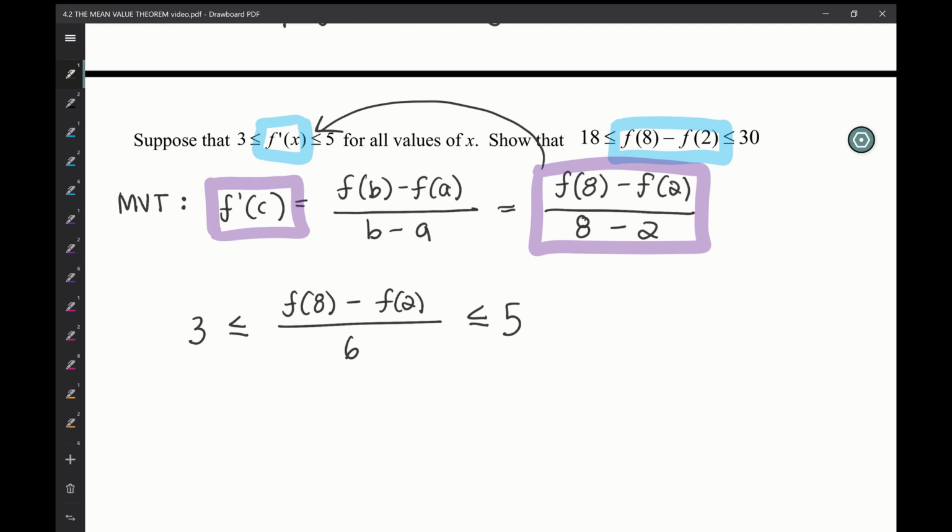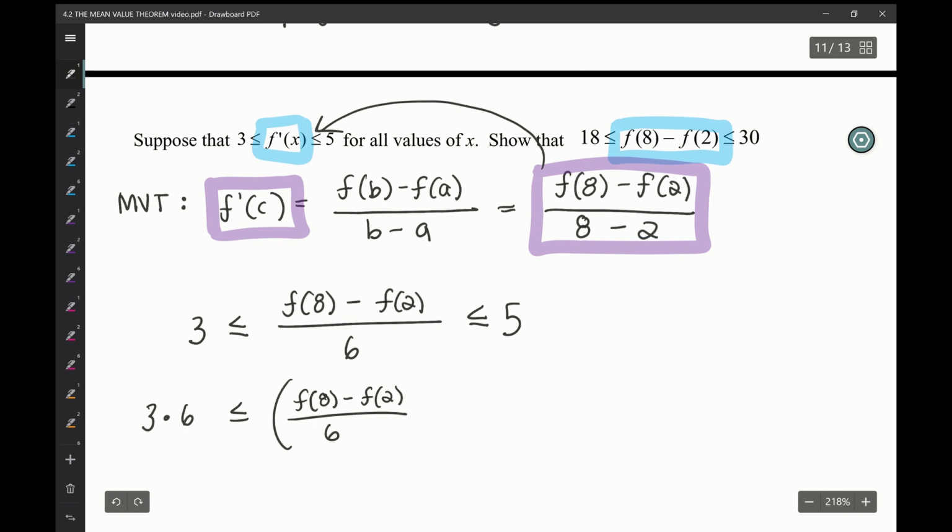Now let's solve for that f of 8 minus f of 2. So we'll multiply each piece of this by 6. So we have 3 times 6 is less than or equal to that f of 8 minus f of 2 over 6, all times 6, which is less than or equal to 5 times 6.